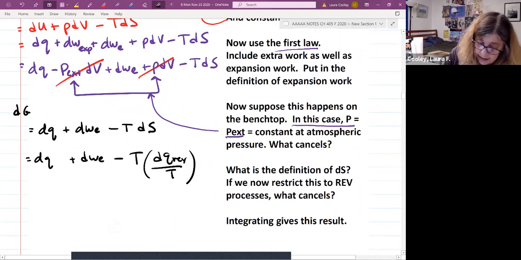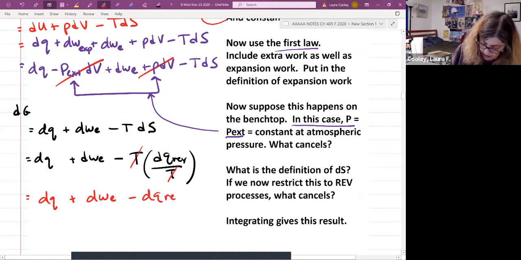So now these T's cancel. And we have dQ plus dWe minus dQ reversible.